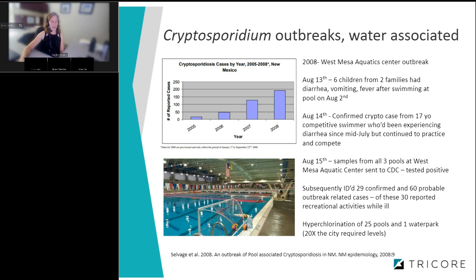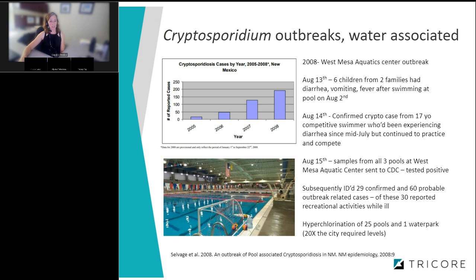On August 15th, samples from all 3 pools at this West Mesa Aquatic Center were sent to the CDC, and all 3 tested positive for Cryptosporidium. Subsequently, through public health efforts, there were 29 confirmed and 60 probable outbreak-related cases identified. Of these, 30 had reported recreational activities while ill. So how do you solve this?